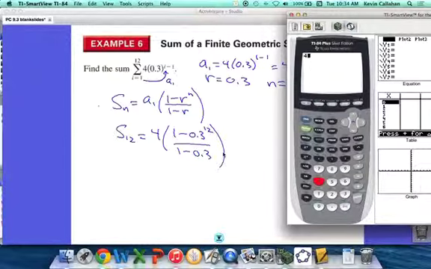Make sure that you've got the numerator in parentheses and the denominator in parentheses, right? So parentheses, 1 minus 0.3 raised to the 12th. Make sure you get out of the exponent before you end the parentheses for the numerator. And then divide it by, and you need another set of parentheses.